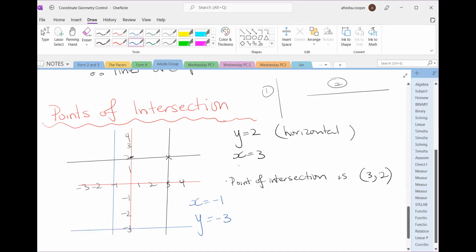What is the point of intersection for these two? So it's here. What's the coordinate for the point of intersection?